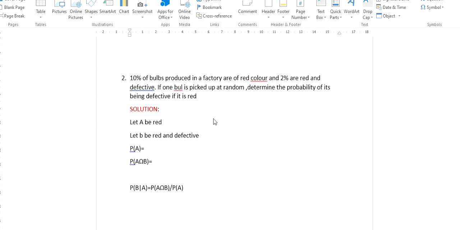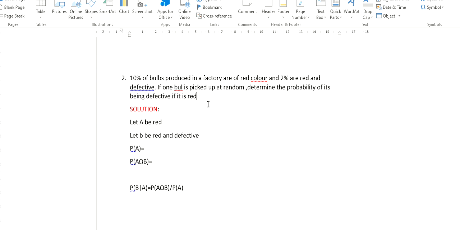Okay, we have another problem, also based on conditional probability. The previous problem was about an independent event. Now this is a dependent event. This is the second one. 10% of bulbs produced in a factory are red color, and 2% are red and defective. If one bulb is picked at random, determine the probability of it being defective if it is red.